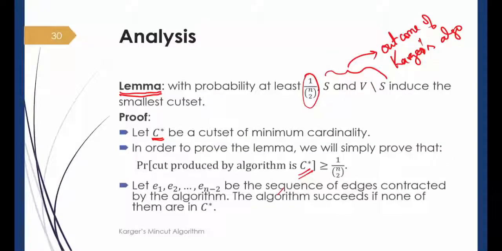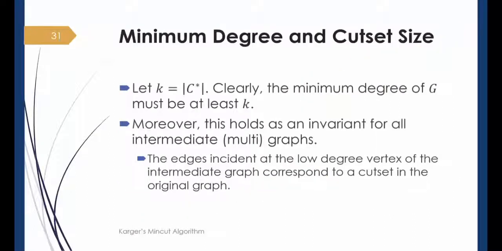Of course, if E1 through En minus 2 were not part of C star but we were left with something other than C star, then C star cannot be the minimum cut. So this is going to be the criterion for success of our algorithm: none of the edges that we picked are in the cut set C star. Let us say the cardinality of C star is some k.